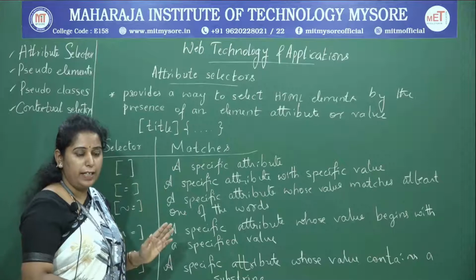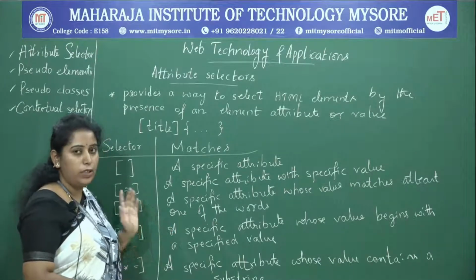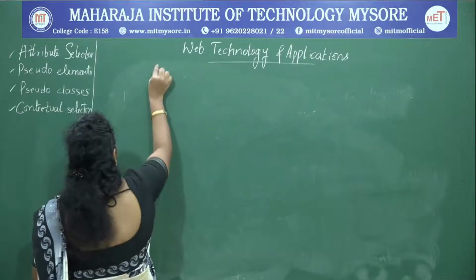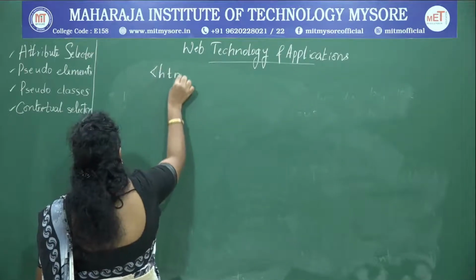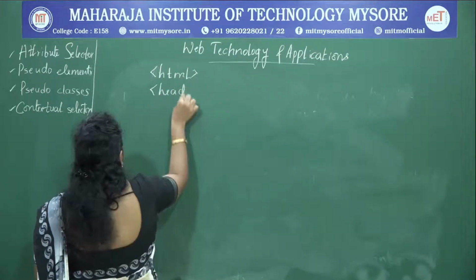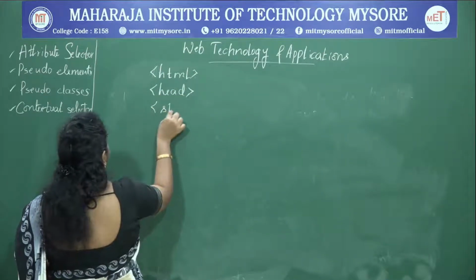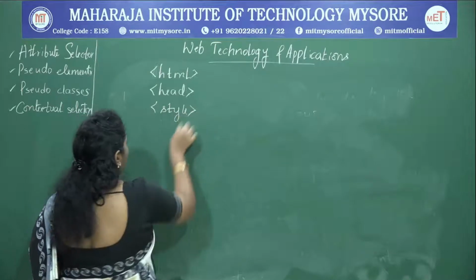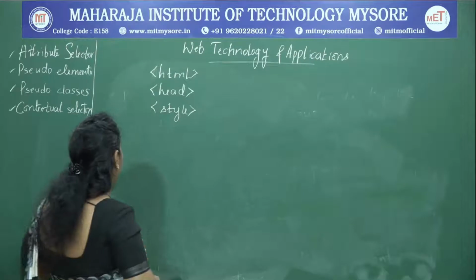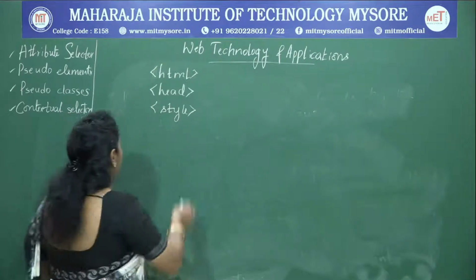I am going to take an example on this topic so that you can understand it easily. Take an example like this: HTML, head, style. For CSS, obviously we are supposed to make use of the style tag.